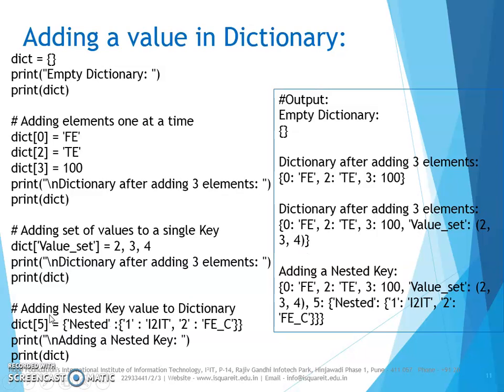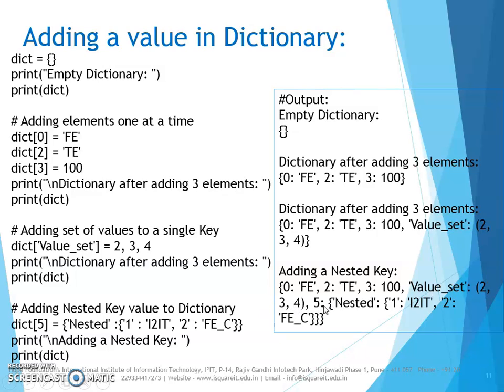Now we can add nested key values also, for example, nested at the 5th position. 0, 2, 3 we have already written. Now at the 5th position we want to write the key nested, and the corresponding values are again dictionary values: 1 I square IT, 2 FE underscore C. So the dictionary will be printed as 0 FE, which was there previously, 2 TE, 3 100, and value underscore set as 2, 3, 4, which was already there.